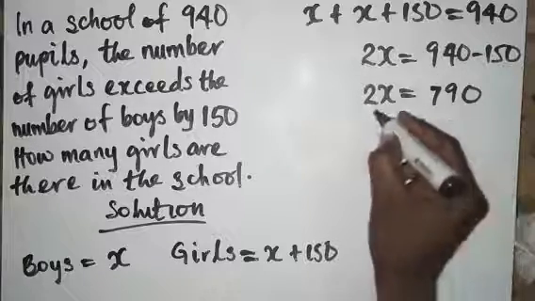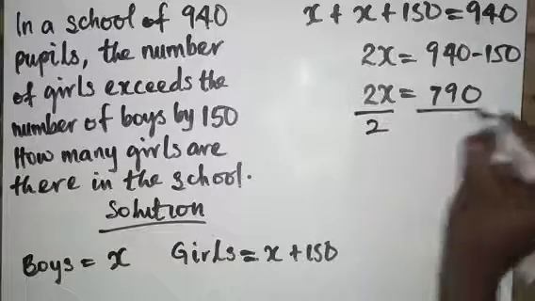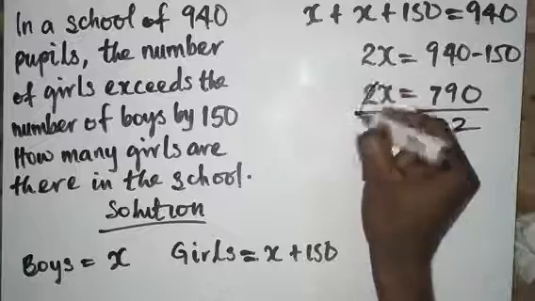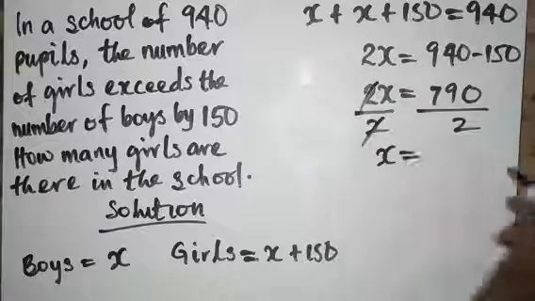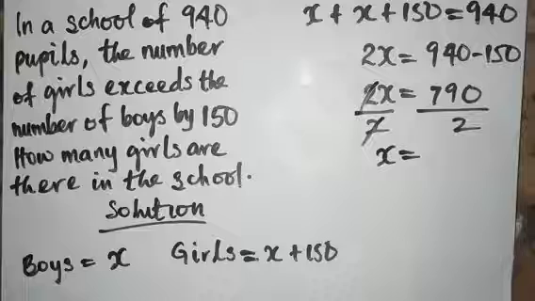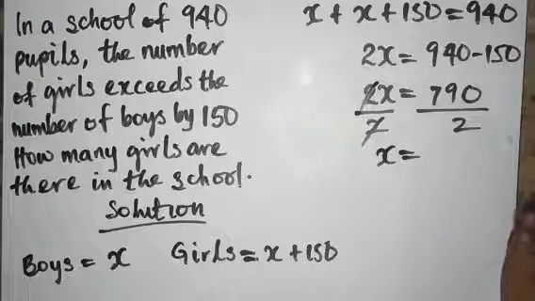So in this case, you divide here by 2, divide here by 2. Okay, 2 is gone. Now we've got X to be equal to, you are going to divide, and it is always done in this manner.